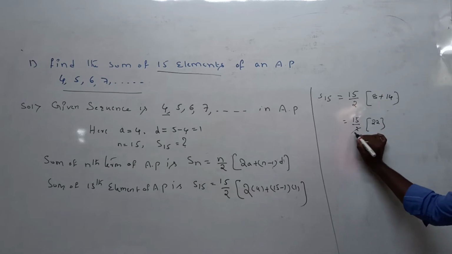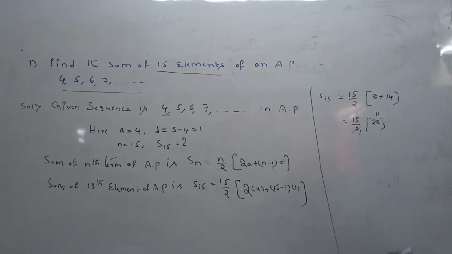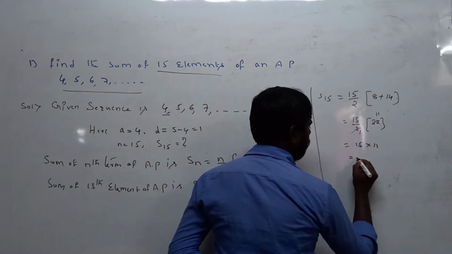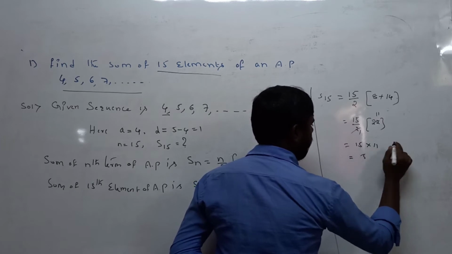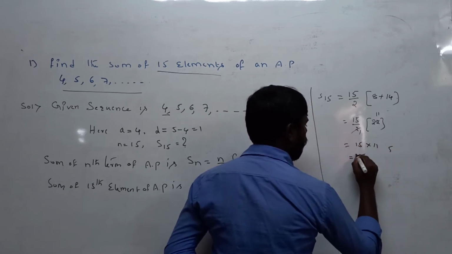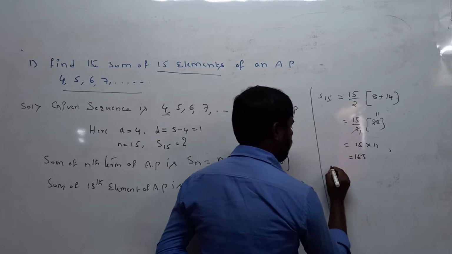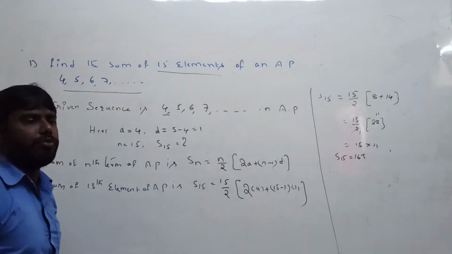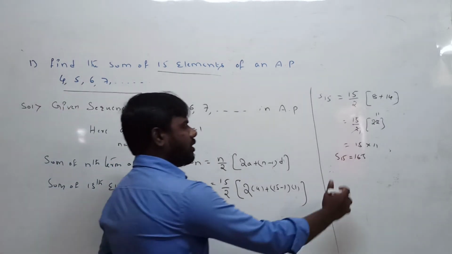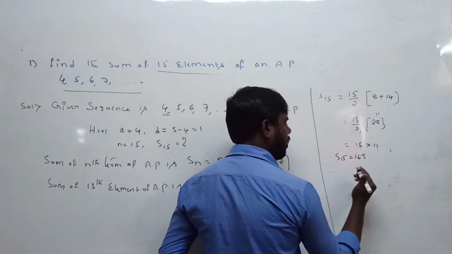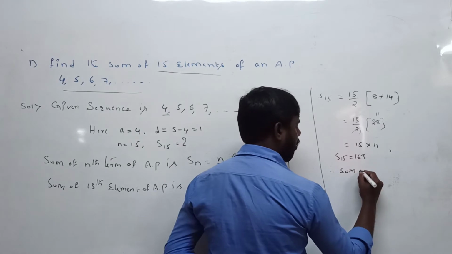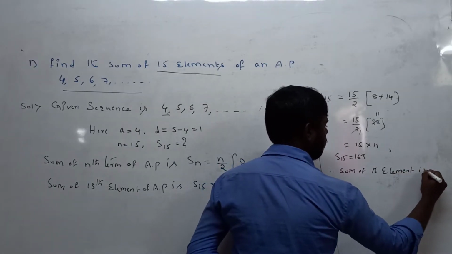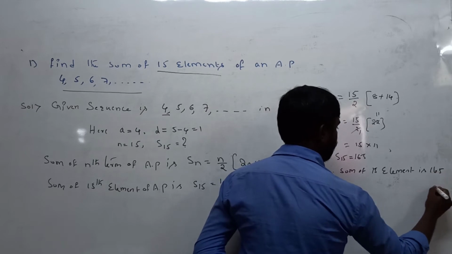Now cancel: 2 into 11 is 22, so we get 15 into 11. 11 into 5 is 55, 11 into 1 is 11, plus 5 is 165. Finally, we got the sum of the 15 elements as 165. Sum of 15 elements is 165.